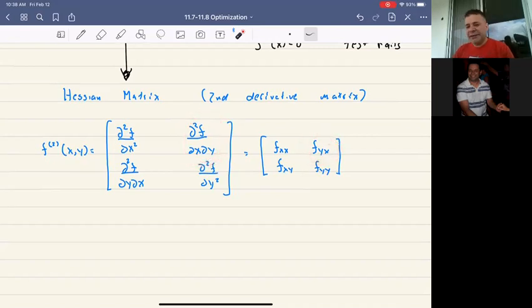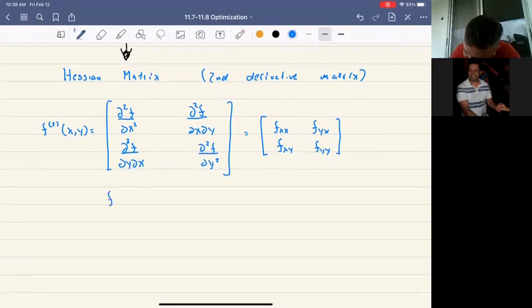I'm not sure if that's right. Like I said, for anything that's reasonable, these are the same anyway, so it doesn't matter. Okay? And then the determinant of that we'll write it like so. This is what we test.